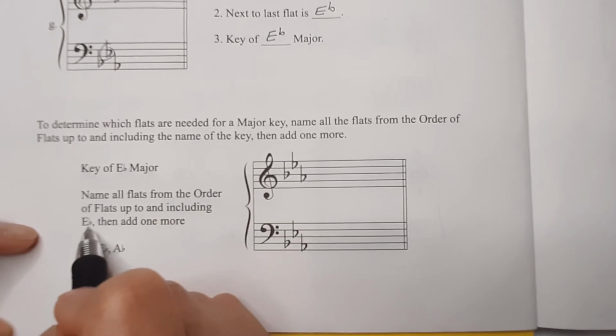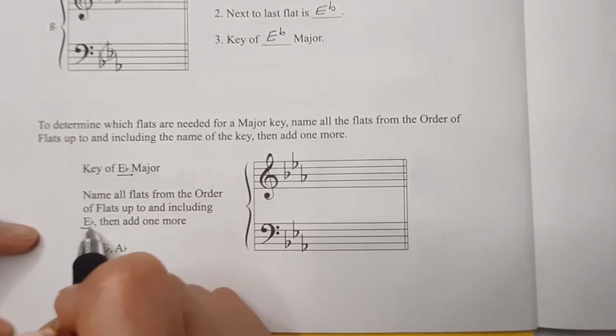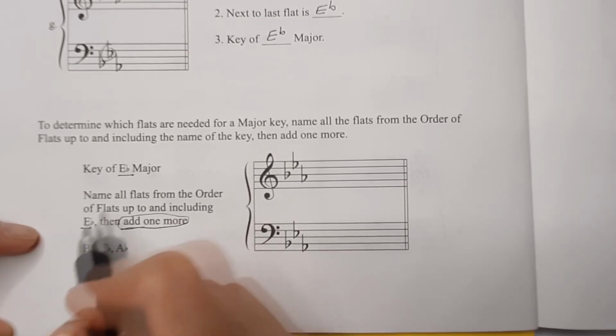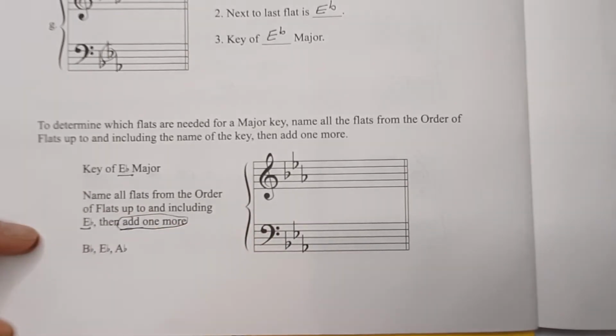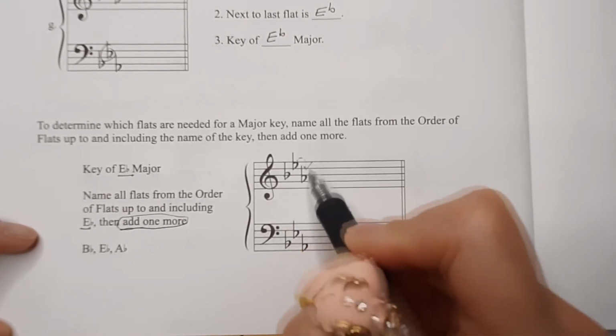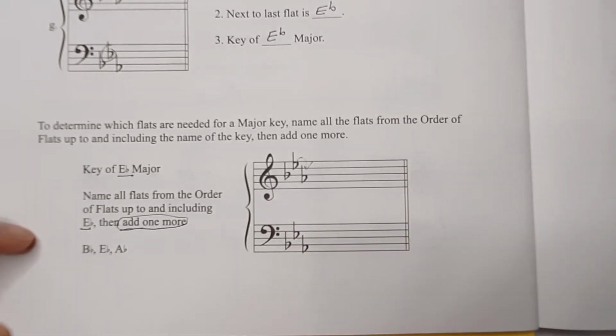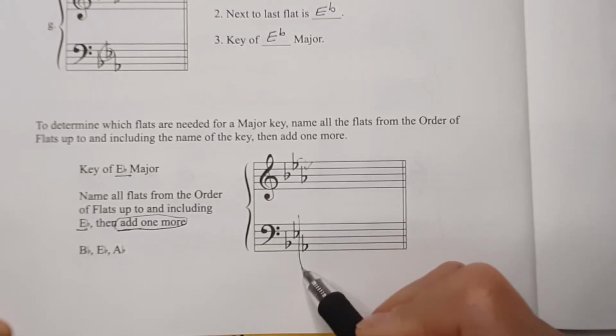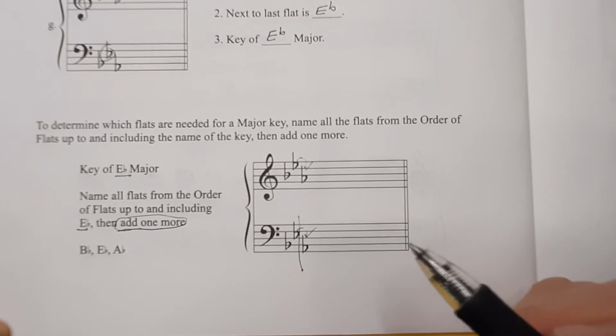Including E flat, then add one more. Go up to this E flat and add one more. So there's B flat, E flat, and add one more, which is A flat. A flat is the third flat, isn't it?